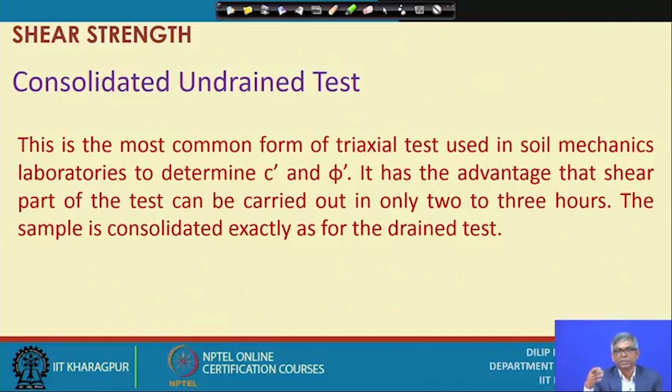Like that, you continuously apply deviator stress, and under each deviator stress we see that pore pressure is 0. Like that we go up to failure, and the deviator stress at failure has to be noted. That will help you to calculate the parameters.